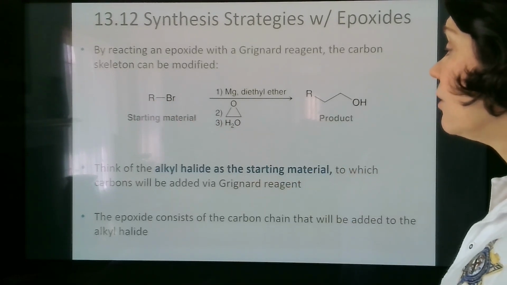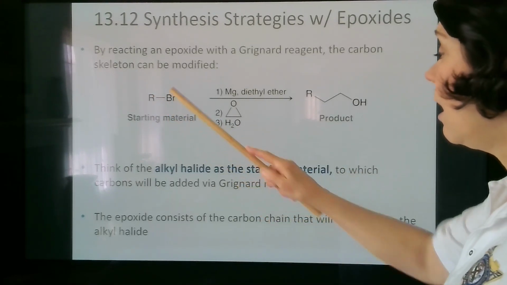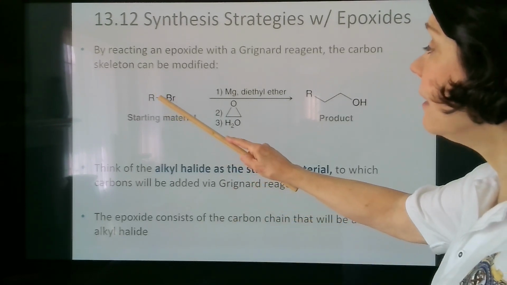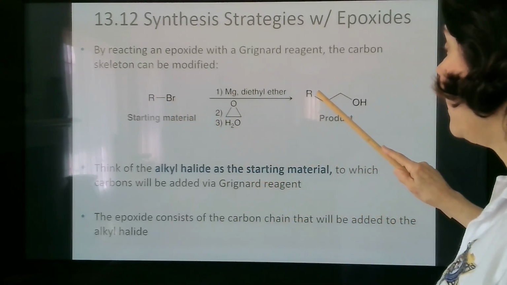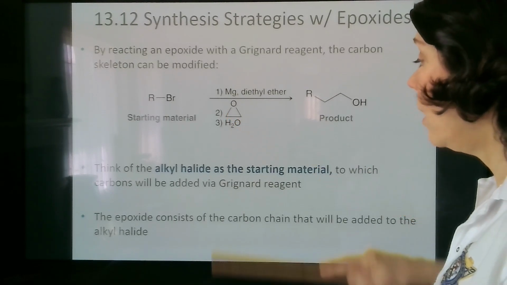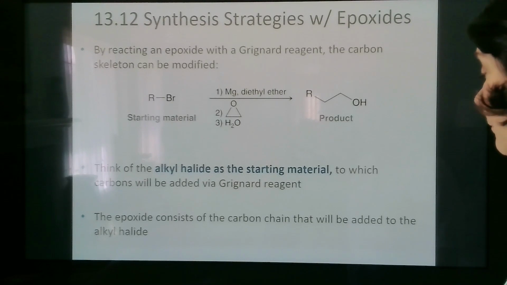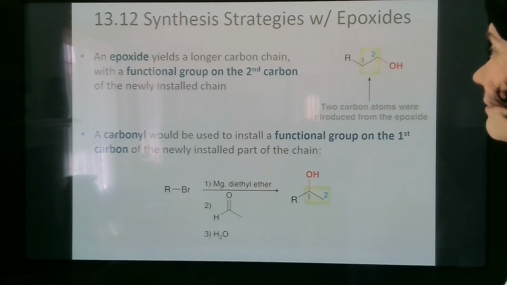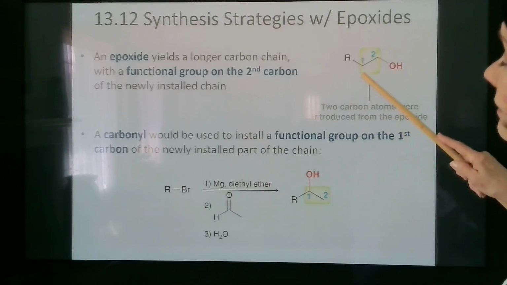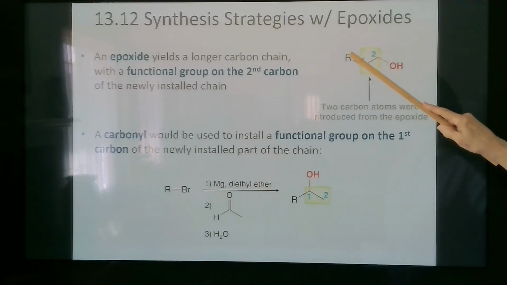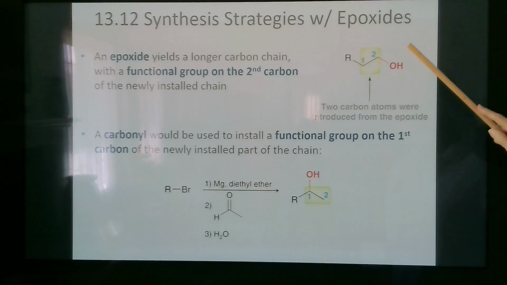You can think of the alkyl halide. The alkyl halide is the starting material, and that is the alkyl group that will be added at one end of the epoxide. So as I mentioned, the epoxide yields a longer carbon chain with a functional group on the second carbon atom of the newly installed chain.